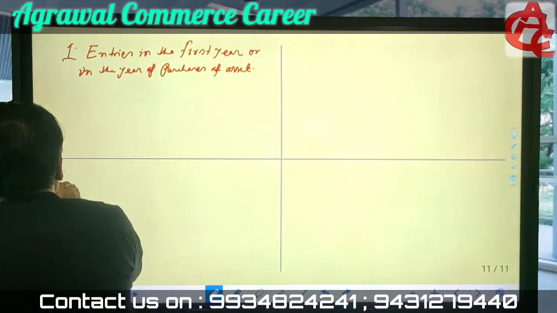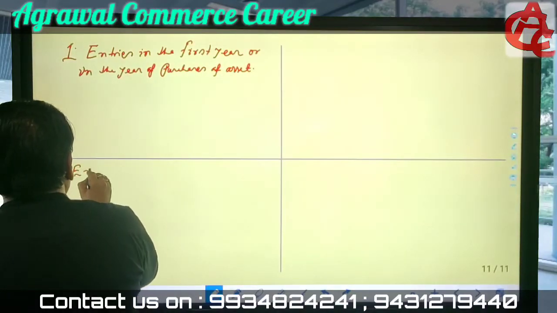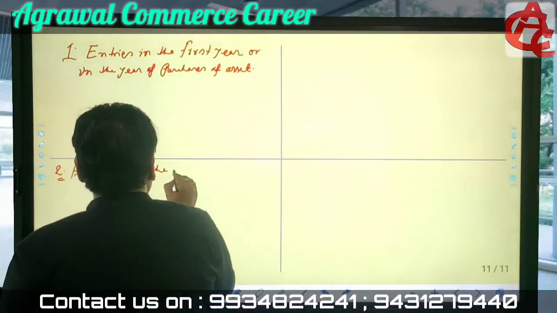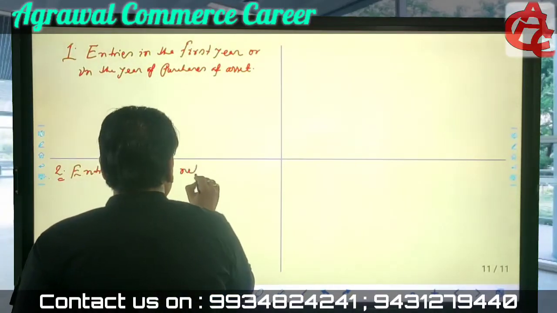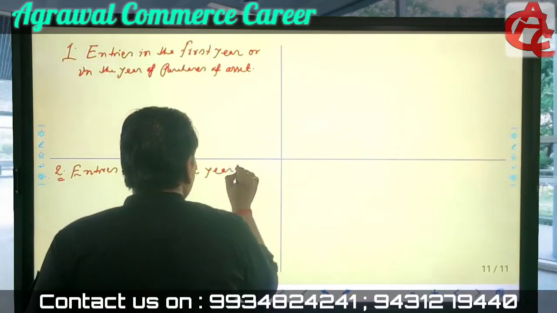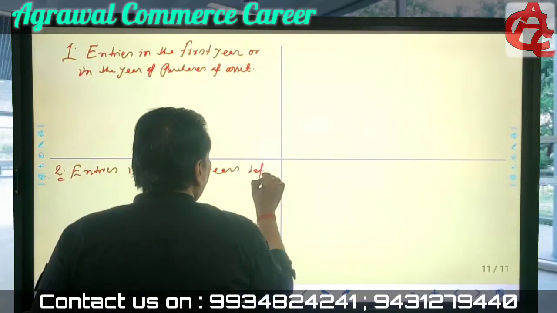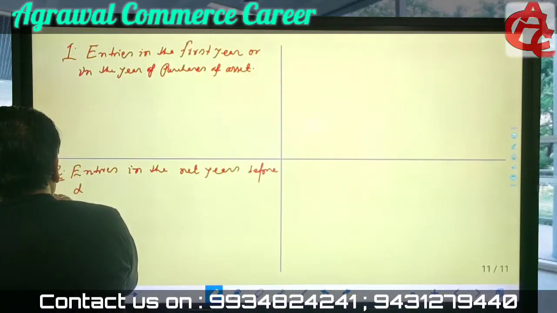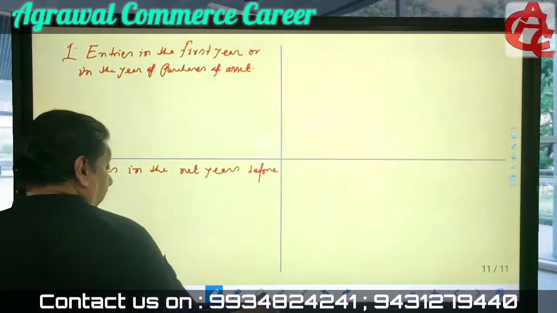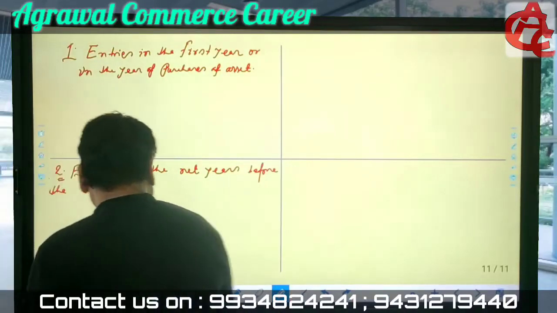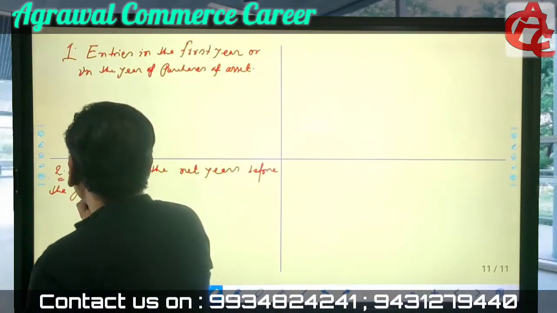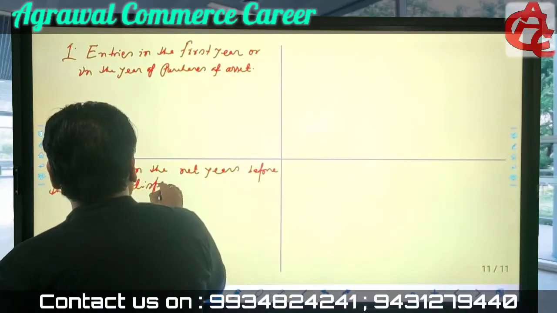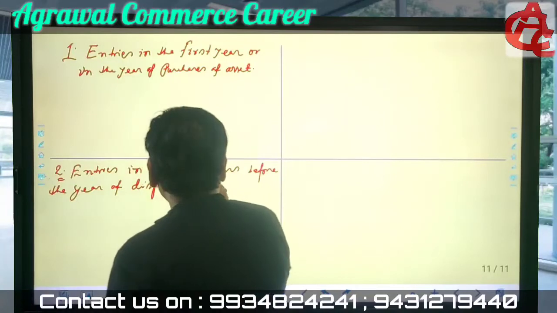Point number 2, entries in the next years before the year of disposal of asset.